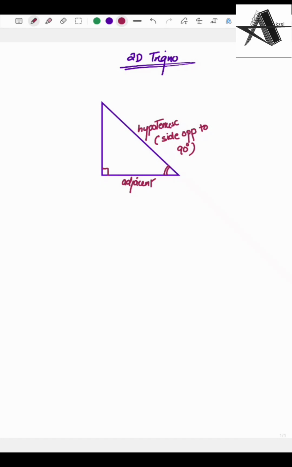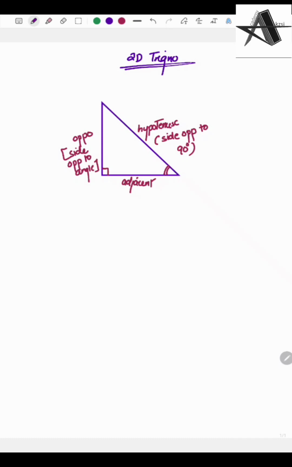And the side which goes opposite to this angle will be the opposite. That means this one is the opposite, because this is the side opposite to the angle which is there in the question.